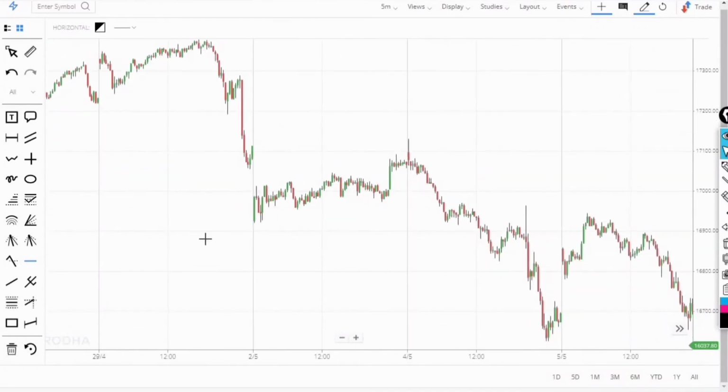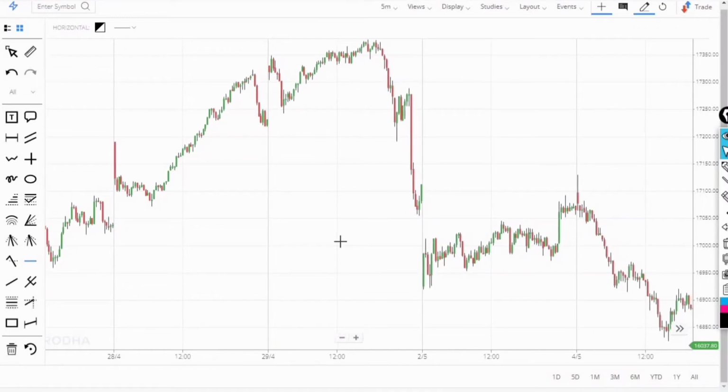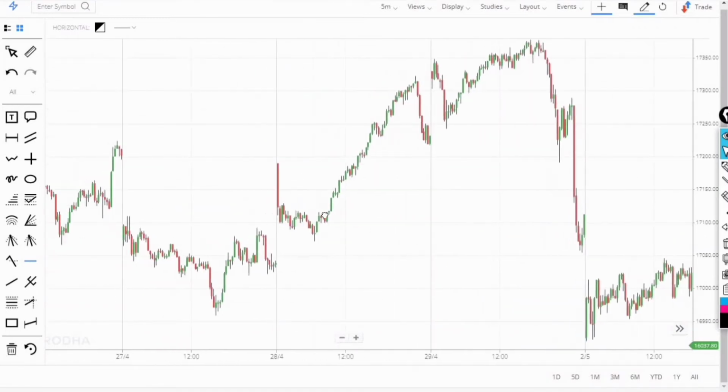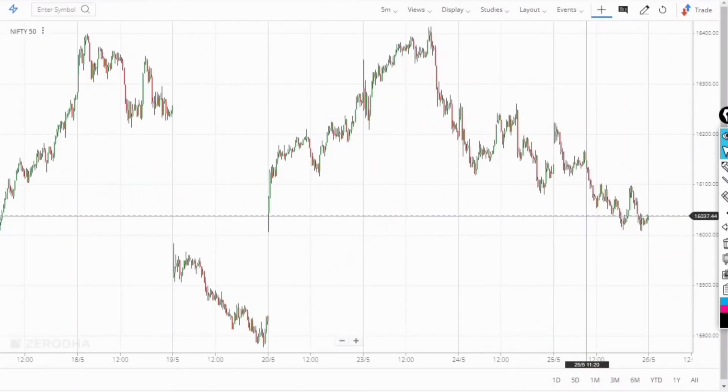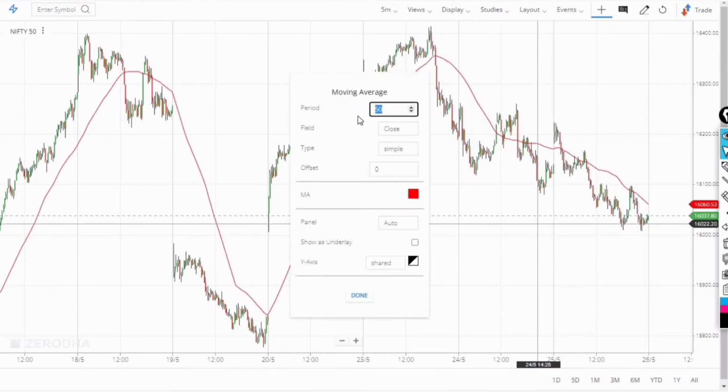So just keep practicing by looking at past data. You will be able to identify support and resistance. And when you apply any indicator to identify support and resistance, like moving average, for example, here I will apply the 20-day moving average.